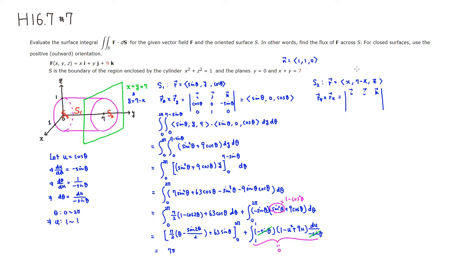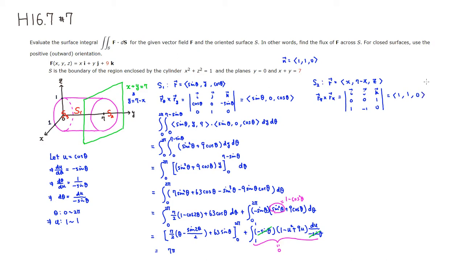The partial with respect to z will be 0, 0, 1. The partial with respect to x will be 1, negative 1, 0. So the first component is negative, negative 1, positive 1. And 1 minus 0, so it's 1. And 0 minus 0, so it's 0.